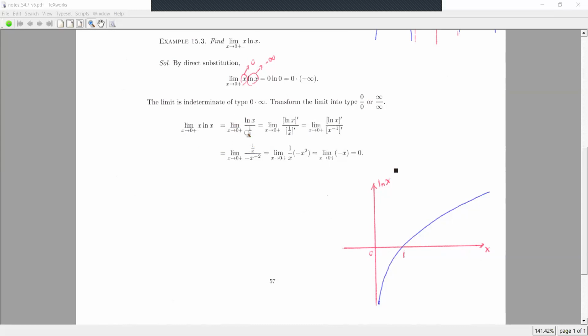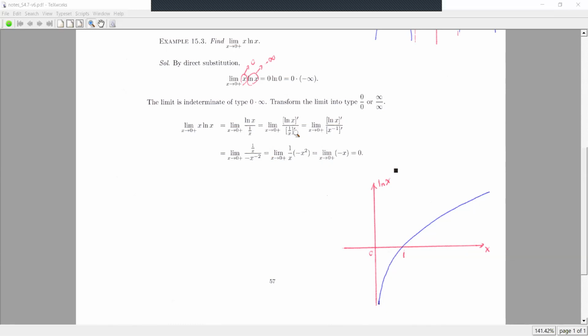By L'Hopital's rule, this limit is equal to the derivative of the numerator, natural log, over the derivative of the denominator, 1 over x. Now, the natural log derivative is 1 over x.